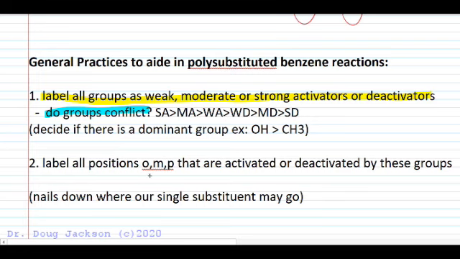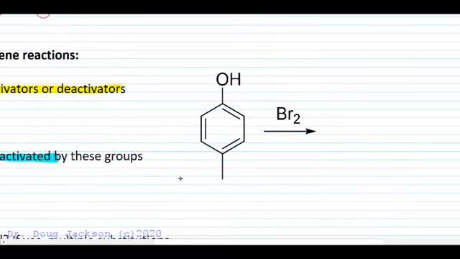So in the example we see here to the right, if we label these positions that are either activated or deactivated, we keep track of everything. We can nail down where our substituent is going to go. Okay, so if we look, we have conflicting reports here. So this strong activator is activating big time these two positions, the ortho and the para, which is already occupied by the methyl. The weak activator is a little bitty activator on each of these two.